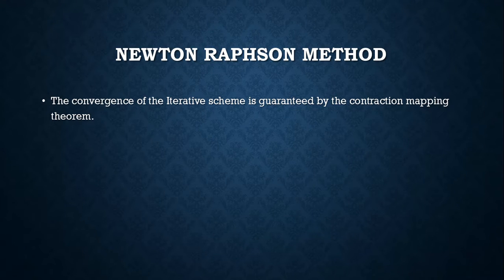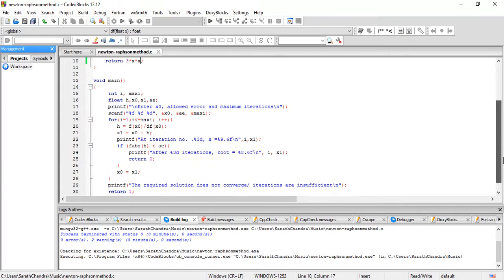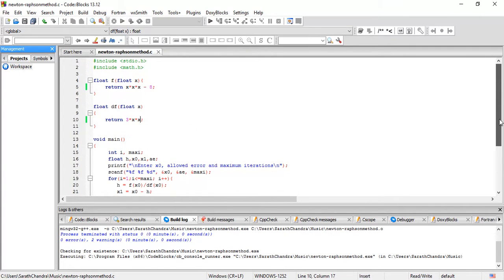Now I've written a simple program in C, and let us see this application. Now, this is the simple code I've written in C. Let us take the function x cubed minus 8. Now we know from normal maths that the real root of x cubed minus 8 is 2.